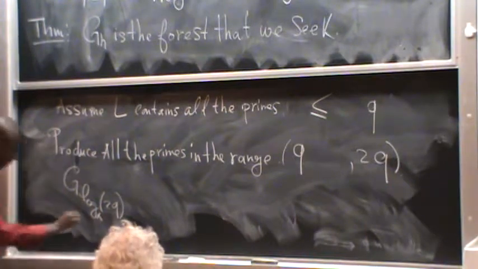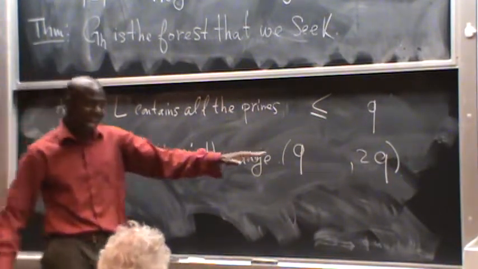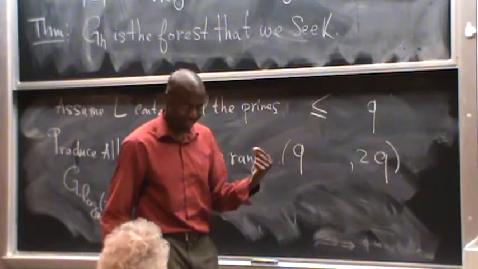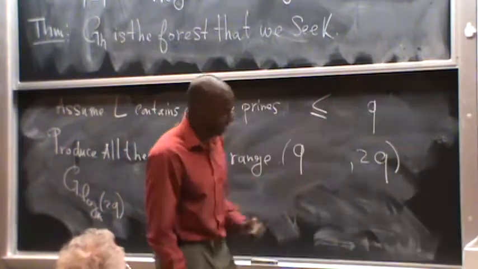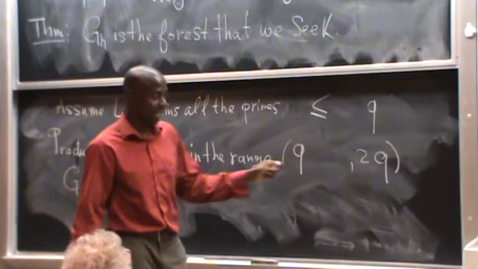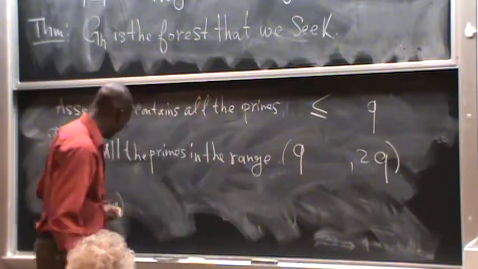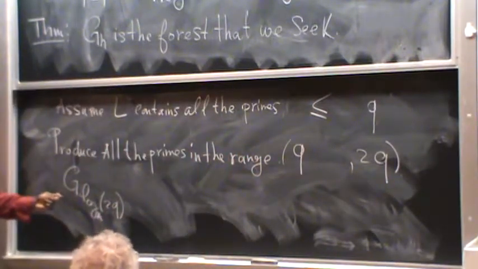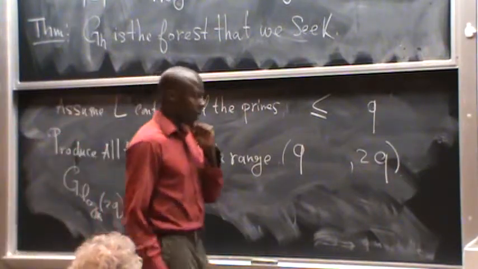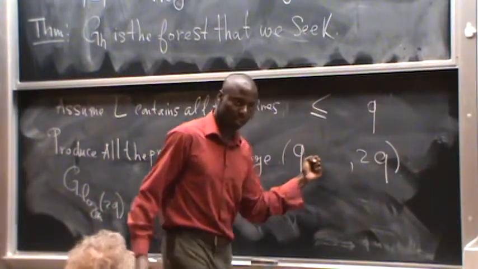So why log star of 2q? Because the highest tower of 2 is the smallest integer that you can get that is in this range. So this gives you a bound on the height. All right, so you produce all these trees. Now, a lot of them are not going to be in this range.